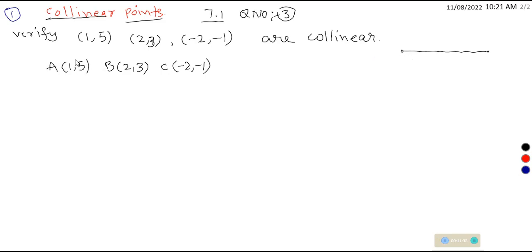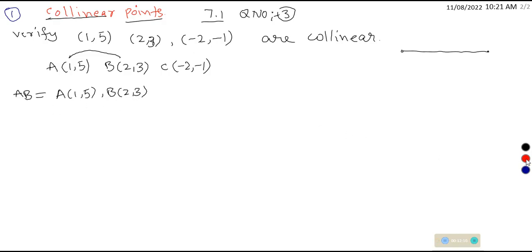But by finding the distances AB, BC and CA, we can get clarity on whether these 3 points are collinear or not by checking our condition. First we will find the AB distance.